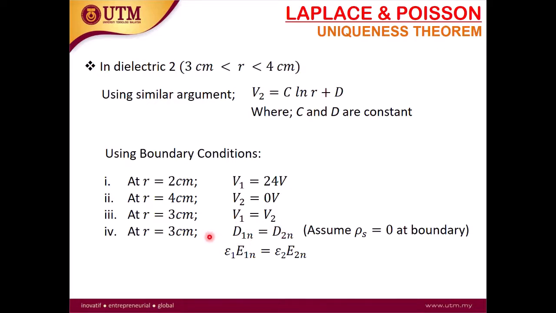And at the same place, R equal to 3 cm, our D normal is the same, D1 normal equals D2 normal, with our assumption that rho s equals 0 at the boundary. Where D is equal to epsilon E, D1 normal equals epsilon 1 E1 normal equals epsilon 2 E2 normal. These are the 4 conditions that we use to find A, B, C, and D.